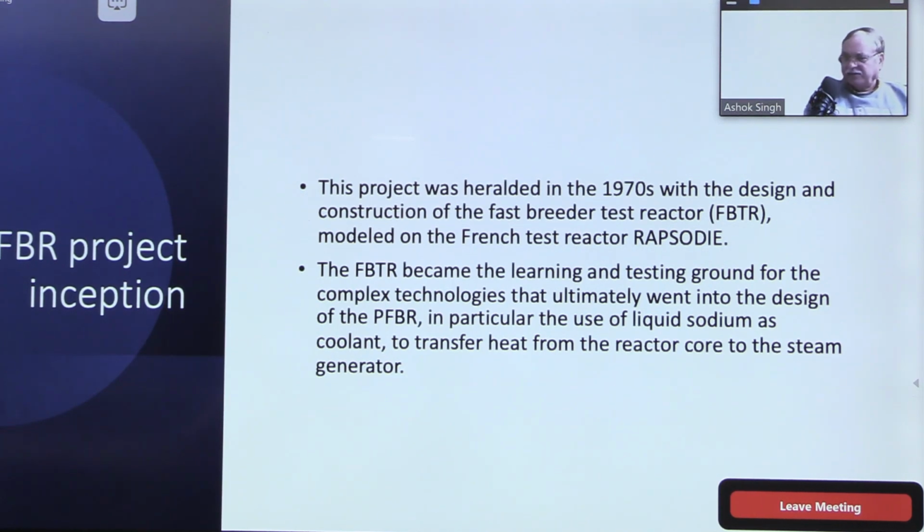France had a test reactor called Rhapsody, the French term, so don't worry about the language here. Indian scientists made this FBTR and used this for learning about and testing the complex technologies that are involved here.